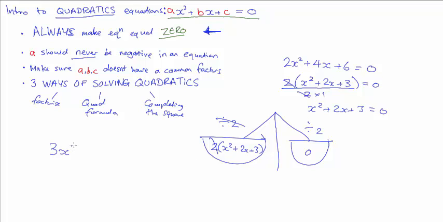So if you ever saw this, don't bother solving that. Divide both sides by 3, and you'll get to this. Okay, and hopefully you can understand why. It's because this can factorize with a 3 on the outside, and then if you divide both sides by 3, you'll get rid of that, and you'll just be left with what's inside the bracket.